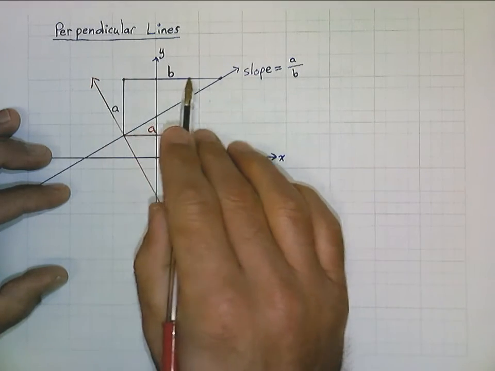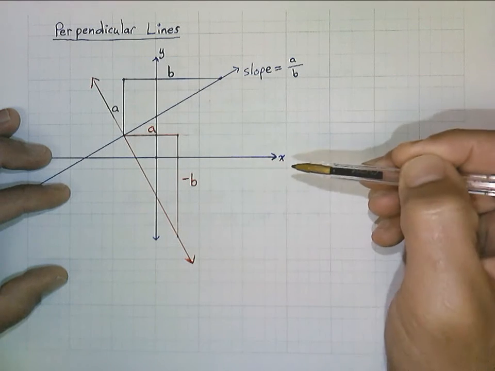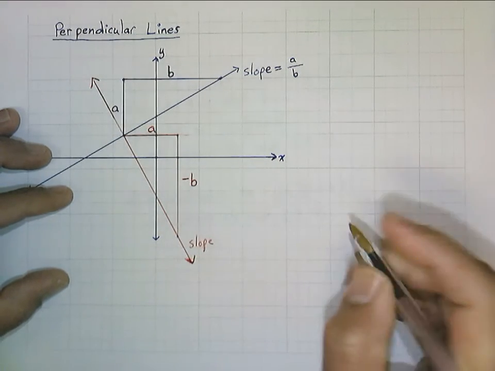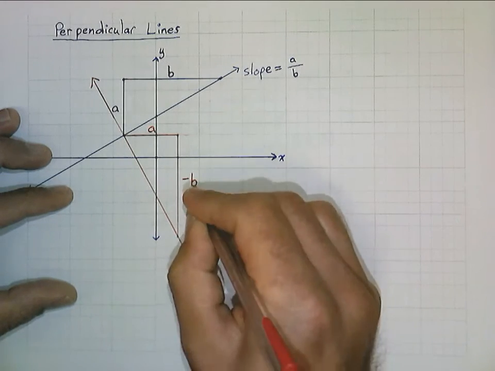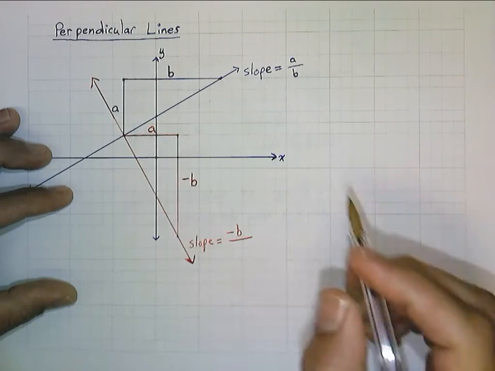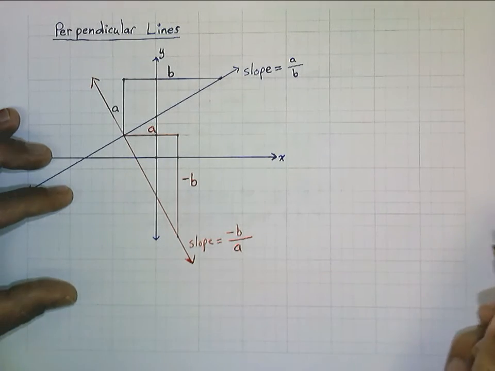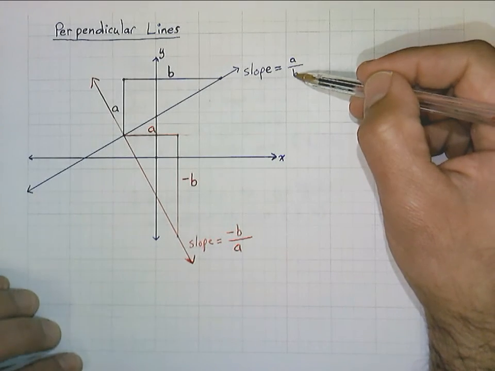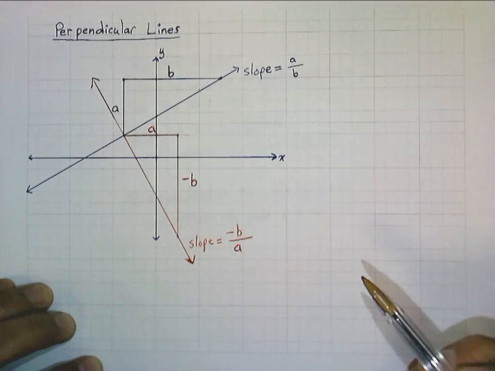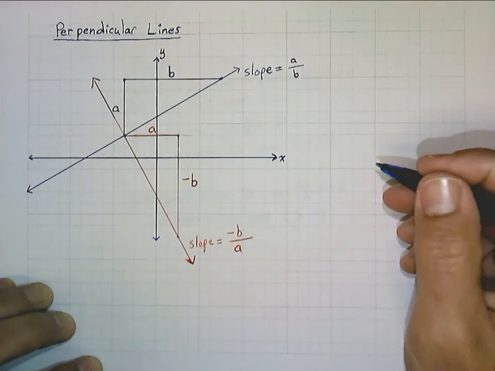Going to the right as a run is positive, going down as a rise is negative. So the slope of this new line is equal to the rise of negative B over the run of a positive A. So the slope of the old line was A over B. The slope of our new perpendicular line is negative B over A. And that's going to work with all perpendicular lines.